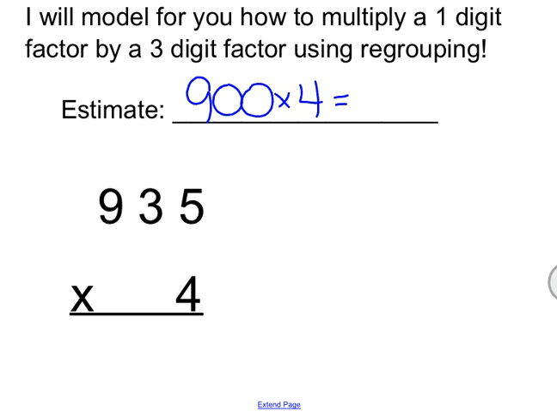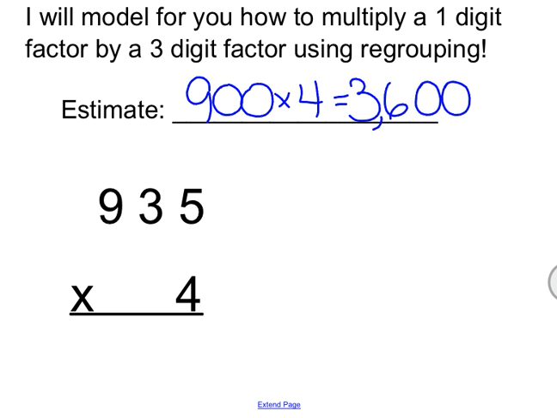Basic fact says 9 times 4 is 36. And then I carry on my 2 zeros that I see in the factor. Add my comma, it's 3,600.